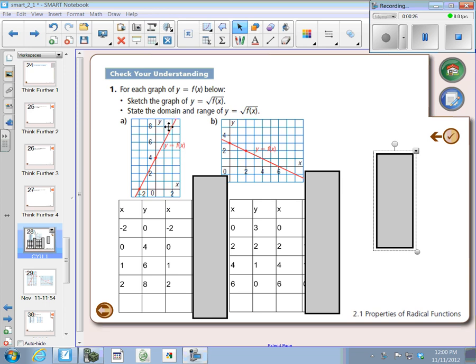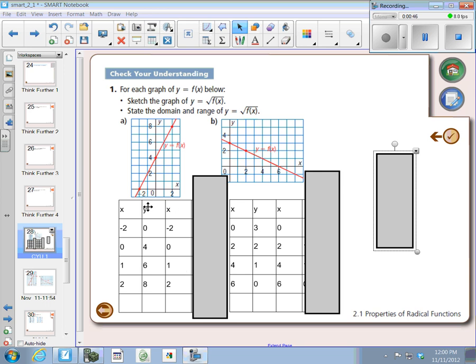Okay, so I've set up a chart with the original values as well as the transformed values. First graph here, A: -2, 0, 0, 4, 1, 6, 2, 8 are the points I picked. Nothing is happening to the x values. X remains the same, but the y values, we must take their square roots.